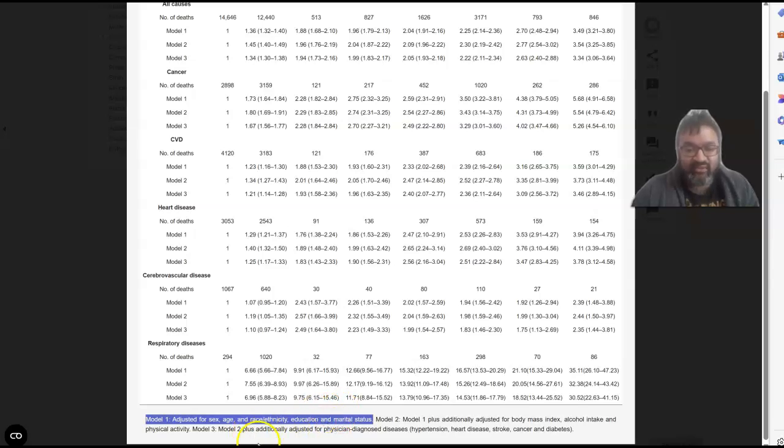And then Model 3 looks at Model 2 plus additionally adjusted for physician-diagnosed diseases, such as hypertension, heart disease, stroke, cancer, and diabetes. So that comprises 1, 2, and 3. The way to take a look at how the interpretation works is to look at this footnote every time and see what that mentions.